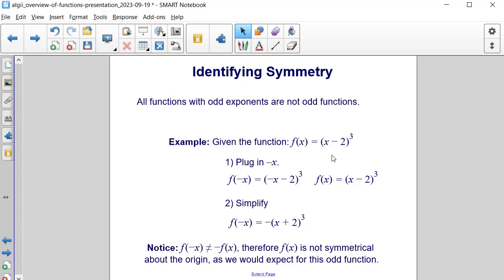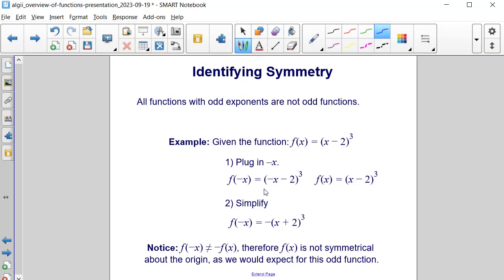Here's an example of a function that has odd exponents, but we'll see how it is not an odd function. If we substitute negative x in for x in our original f of x function, we end up getting that f of negative x is equal to negative x minus 2 quantity raised to the third power.